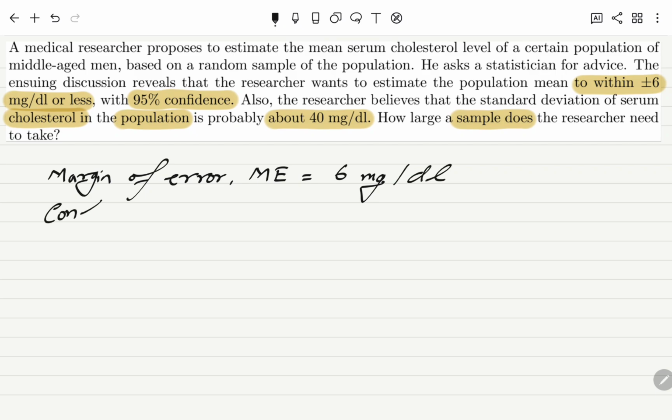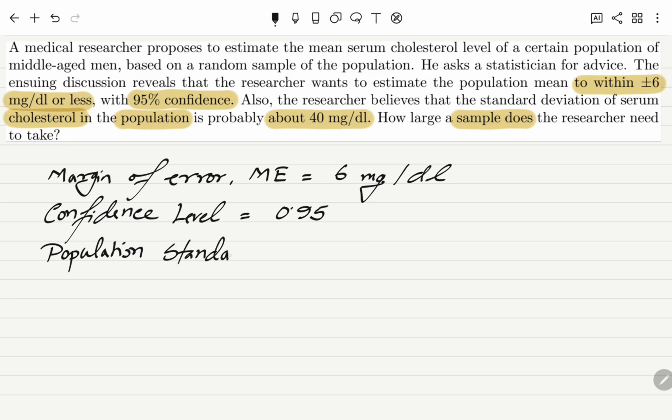And the second piece of information that we know is the confidence level, which is going to be 95% or 0.95. The third piece of information we know is the standard deviation. So that's the population standard deviation, which is represented by sigma, to be 40 milligrams per dl. And it is asking for us to calculate the sample size, which is n.